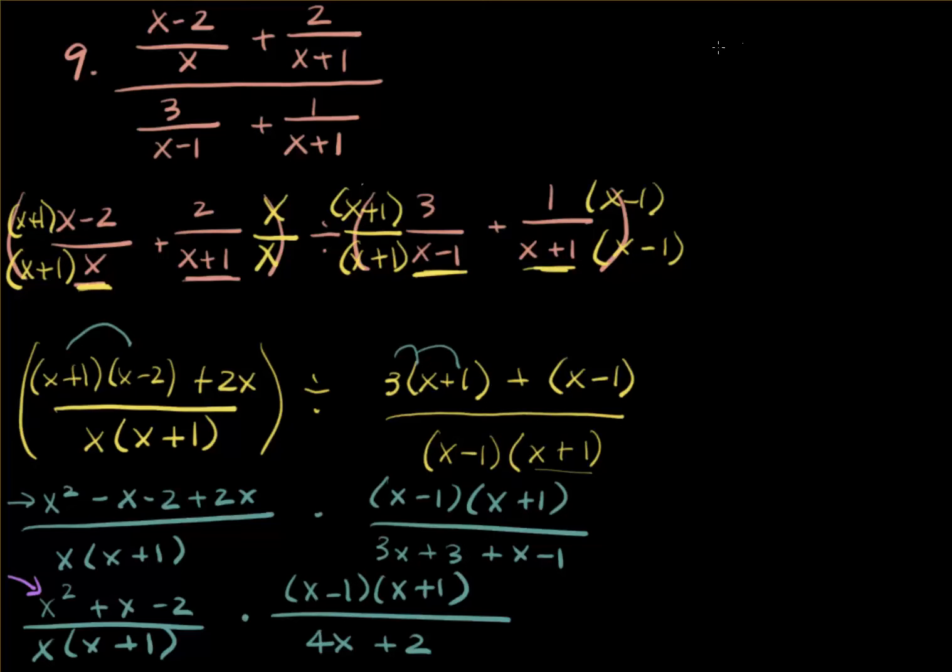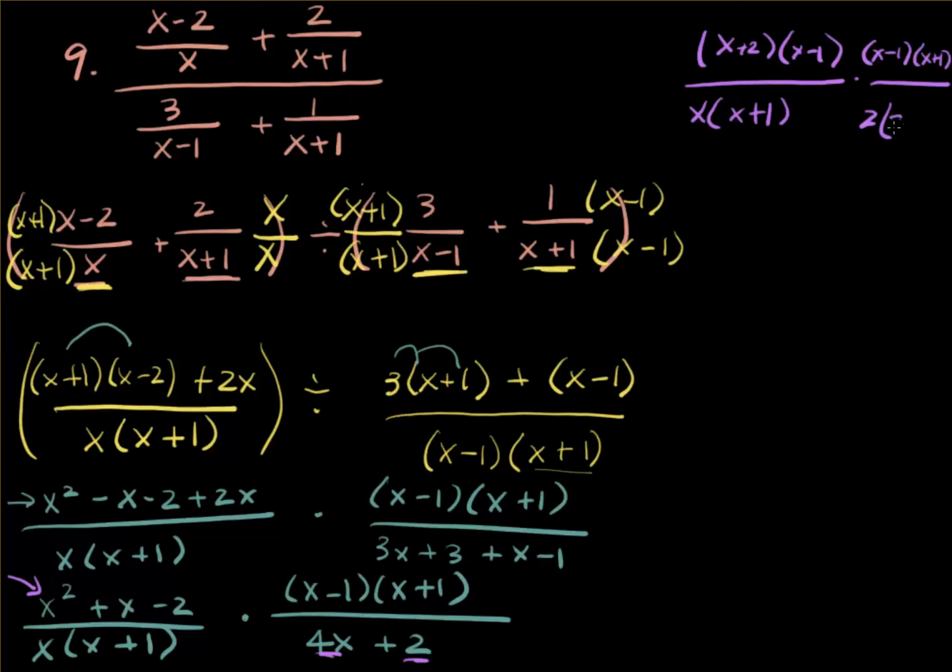I'm going to go ahead and factor that, and so I get x plus 2 and x minus 1, all of it over x times x plus 1, and then I'm running out of space, x minus 1 and x plus 1 over, we have a greatest common factor, which is 2, and then 2x plus 1.